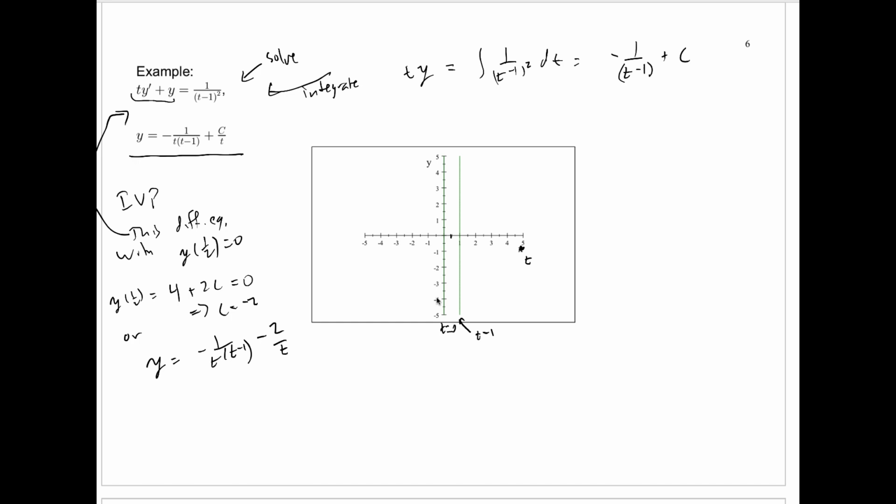So the solution, it's going to be hard to draw this, is asymptotic here to the vertical line x equals 0. Oh, hard for me to draw this accurately on the tablet, but I'll try one more time.